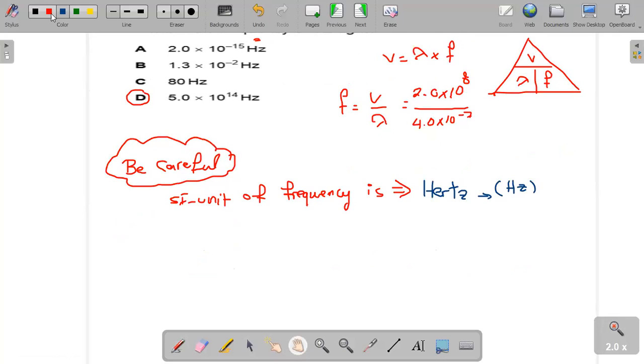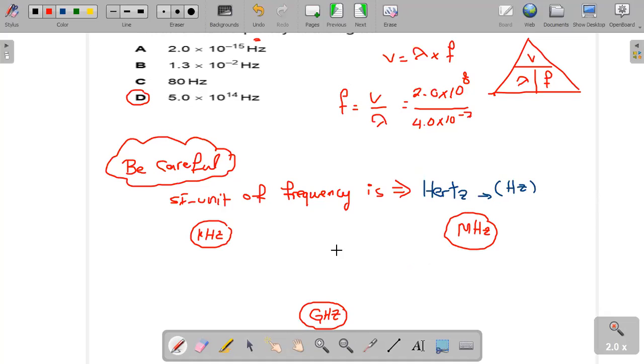We have to be able to change from kHz, which is kilohertz, with a small k, and MHz, which is megahertz, with a capital M, and GHz, which is gigahertz.